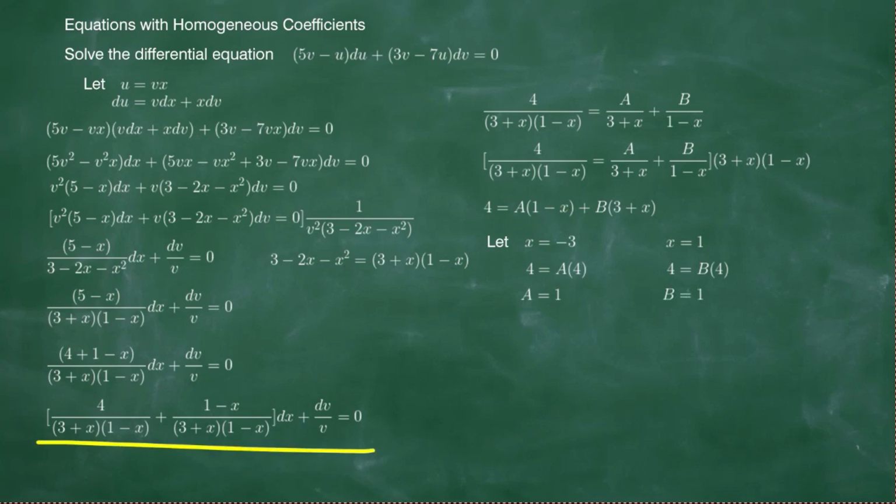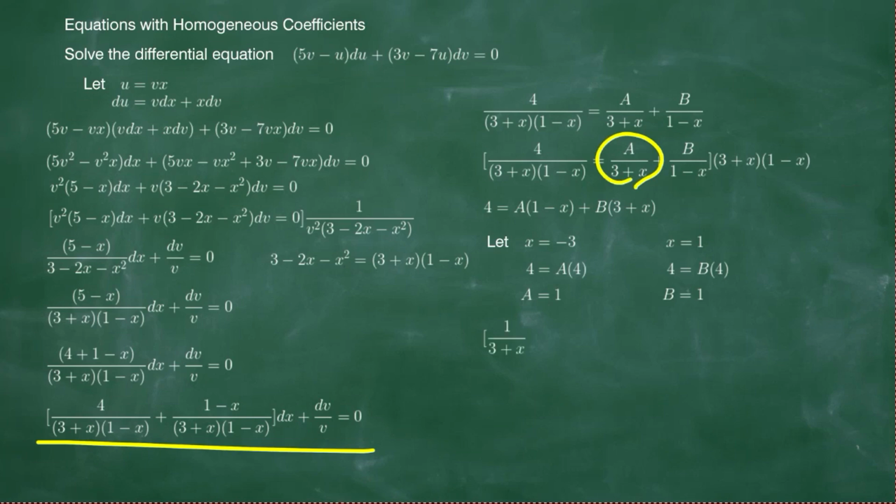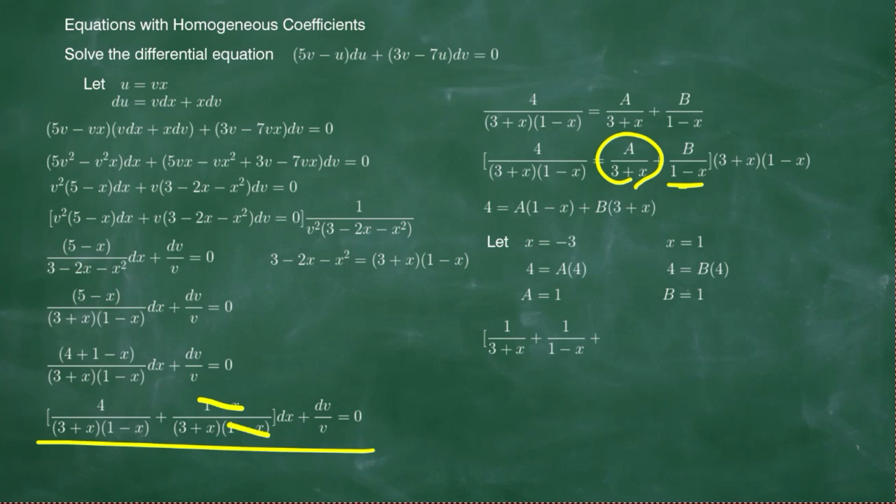So this equation now becomes, okay, starting with this, we have 1 over (3 + x), then this one, we have plus 1 over (1 - x). And then this one will cancel out, and we have 1 over (3 + x) dx plus dv over v equals 0.